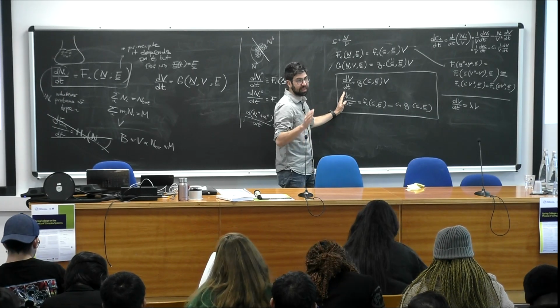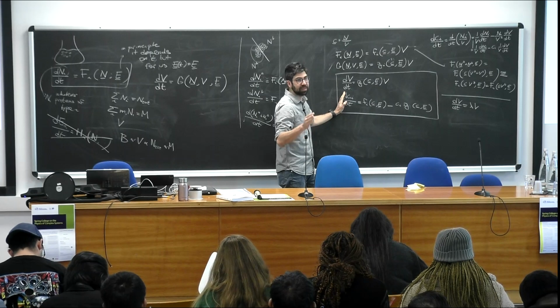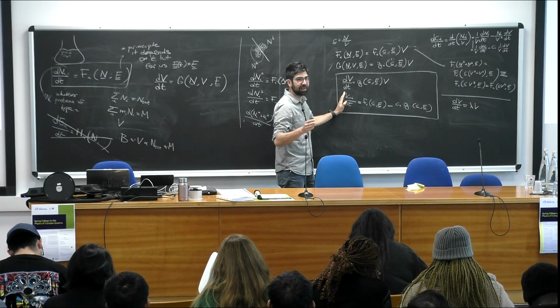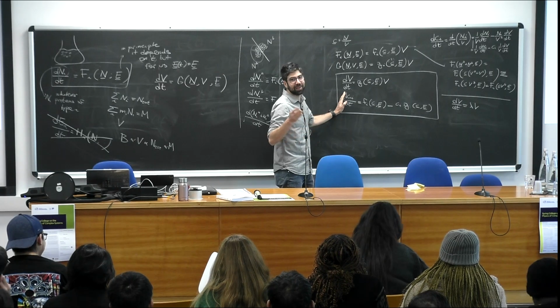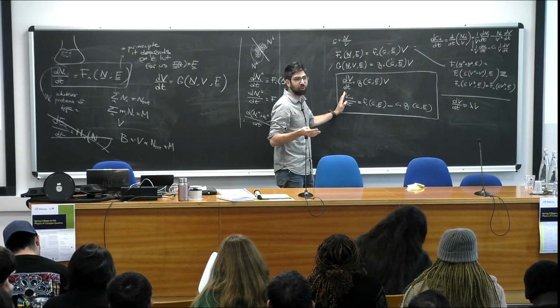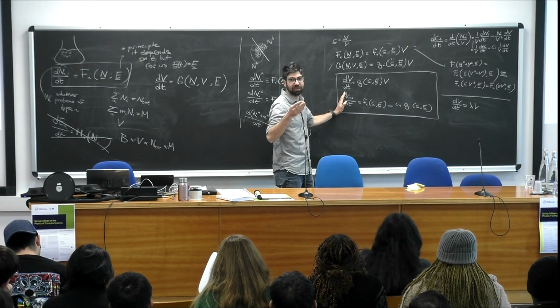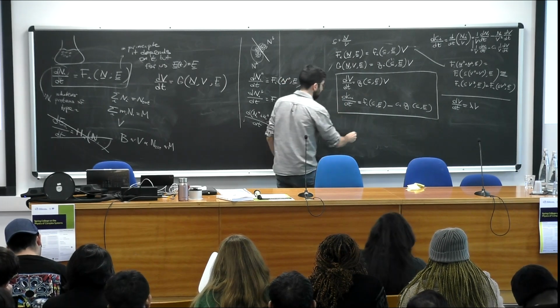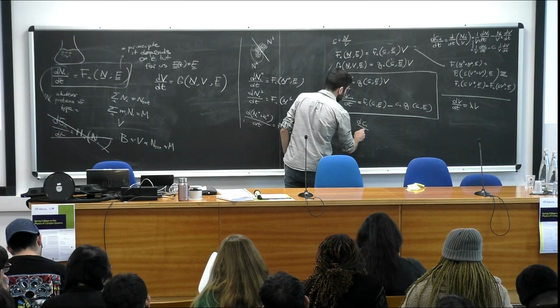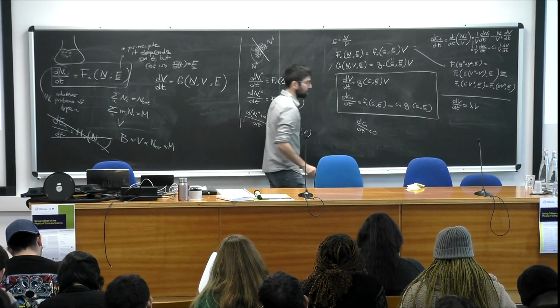If you have this, it's a dynamical system. So the first thing you do when you have a dynamical system, for some of you from a few months back, for others from a year back, is to calculate the fixed points. So you try to find the solution where dc_i/dt is equal to 0.